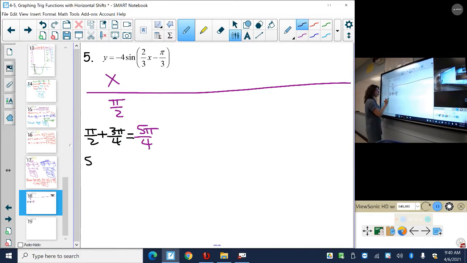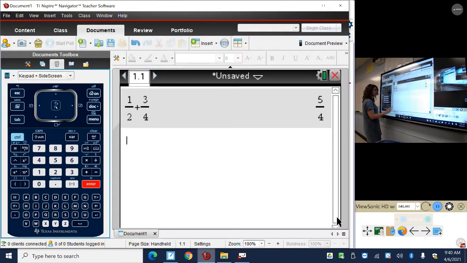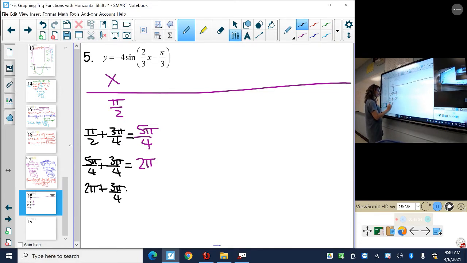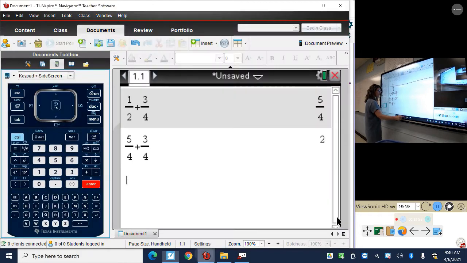Then I'm going to take 5 pi over 4, and I'm going to add 3 pi over 4 to that. And you're going to go back over to your calculator and literally say plus 3 divided by 4, keeping that there to give you the 2. But that's going to be 2 pi, okay? So then I'm going to do that again. 2 pi plus 3 pi over 4 is equal to, come back over here and add the plus 3 divided by 4.